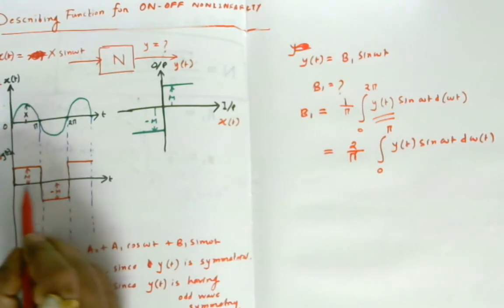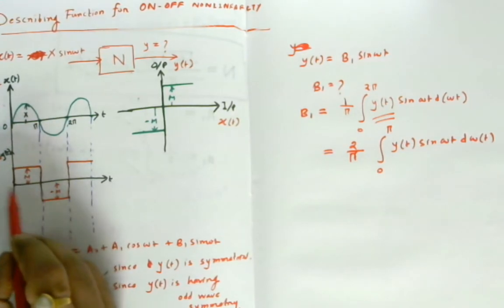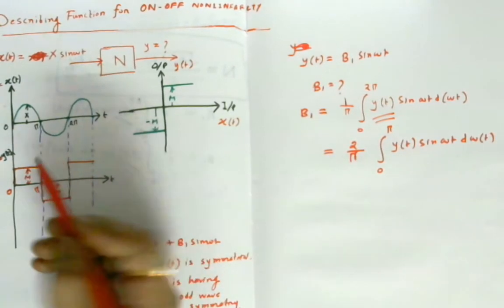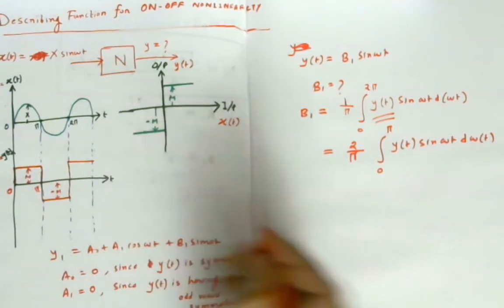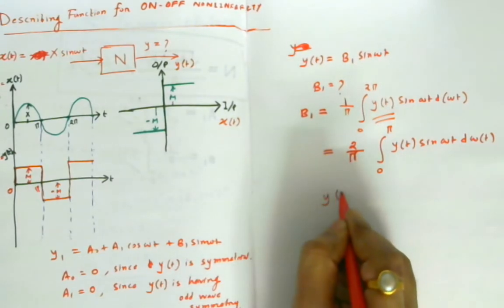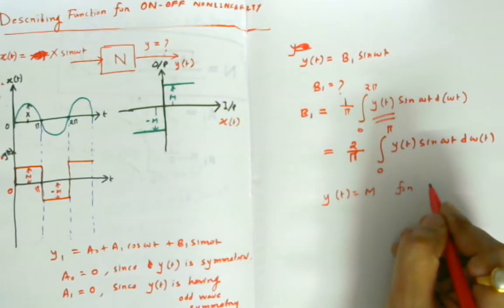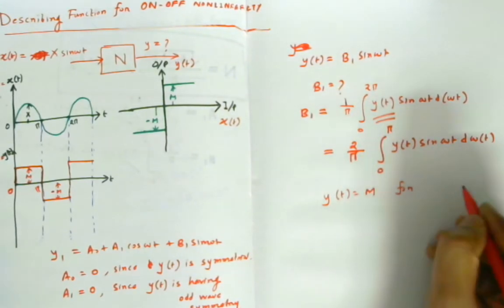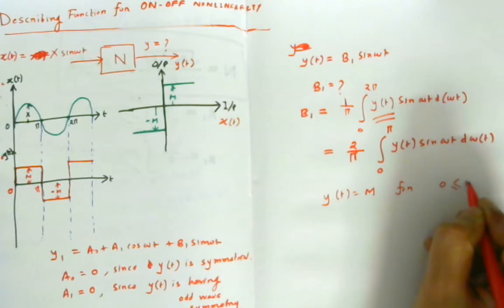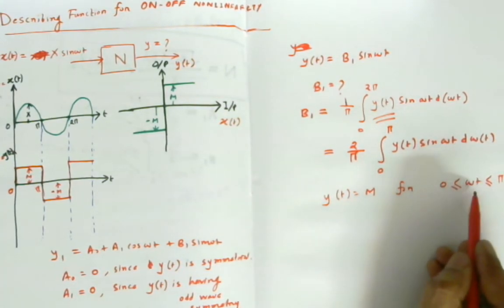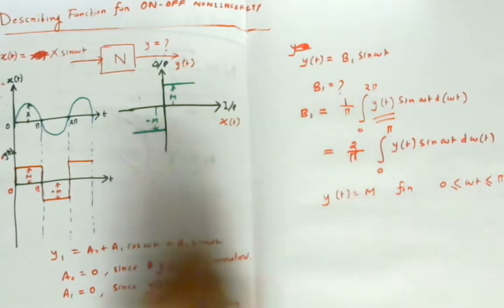Then I have to check the condition only from 0 to pi. From 0 to pi, yt is always m. So yt is equal to m for omega t between 0 and pi.